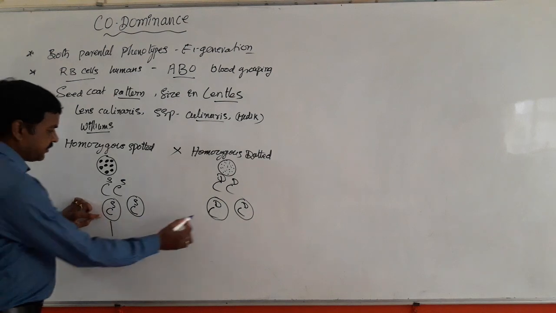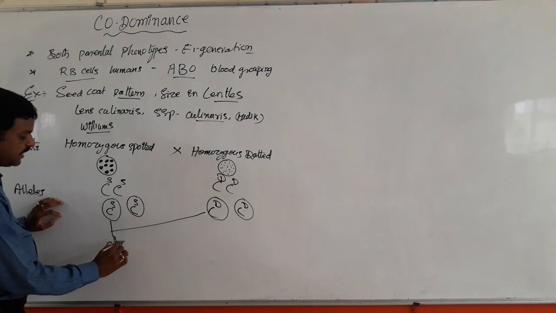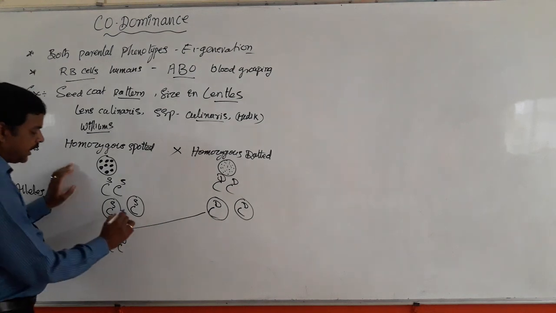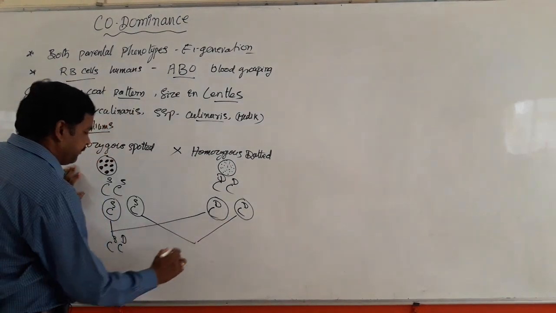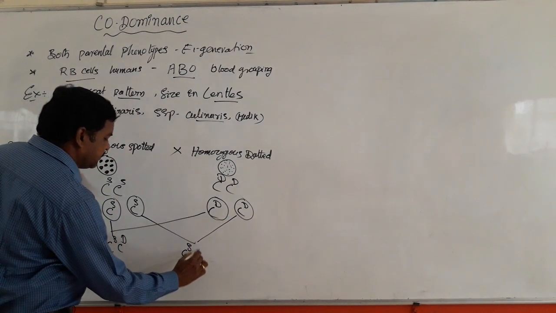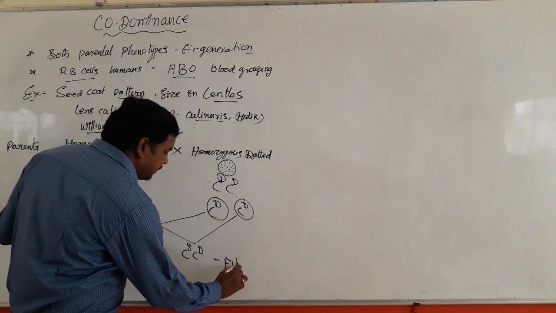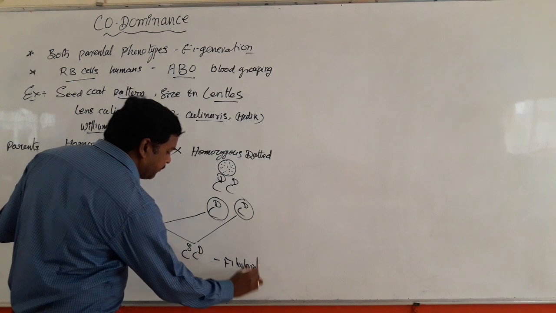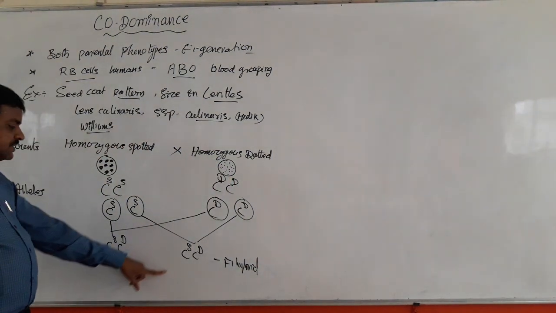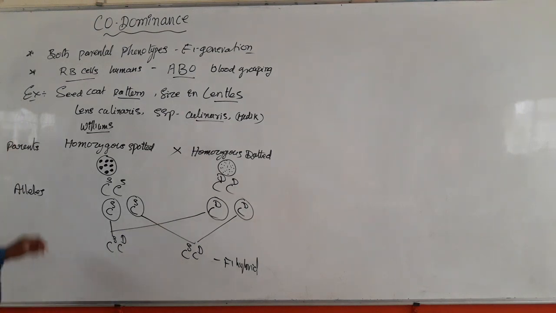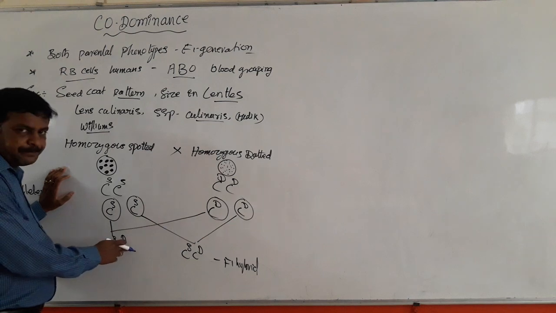The combination of these gametes leads to CS CD. These are considered as F1 hybrids. So the alleles present in the F1 hybrids are CS CD.